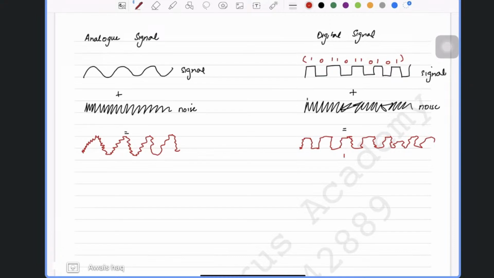So you can regenerate it again. Do you understand this? Because the computer knows that this is a high, this is a low, this is a high, this is a low, the computer can regenerate it and you can get a very nice sounding voice.